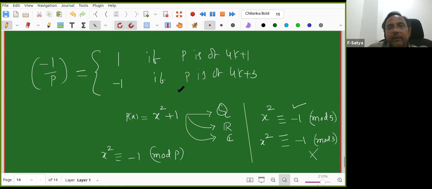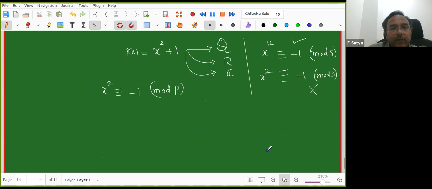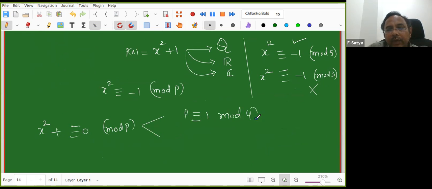You see that? We converted this problem, whether x square plus 1 congruent to 0 mod p has a solution or not, into p congruent to 1 mod 4 and p congruent to 3 mod 4.